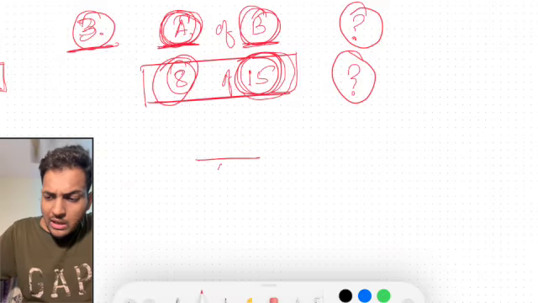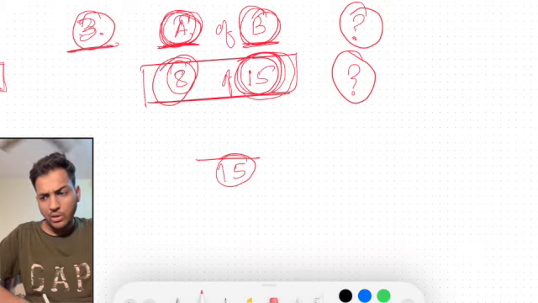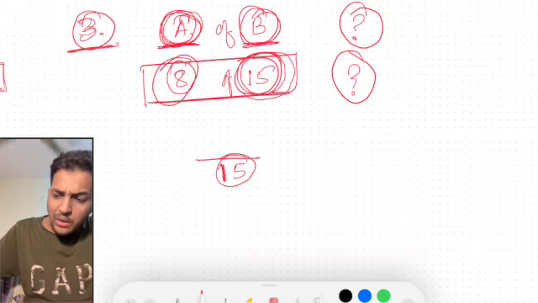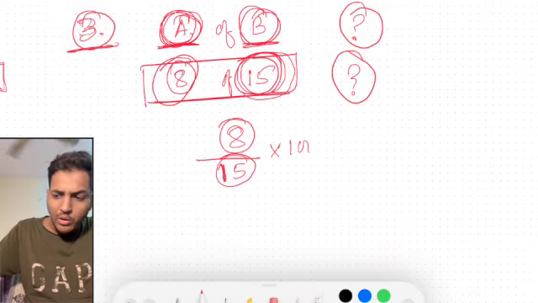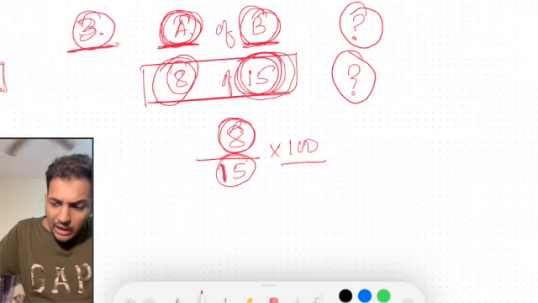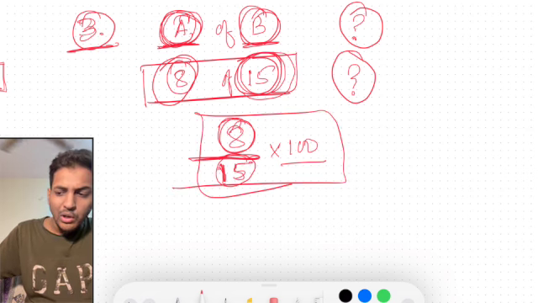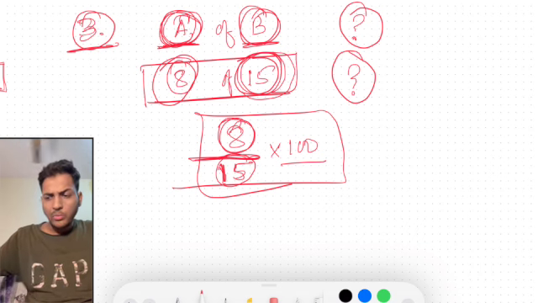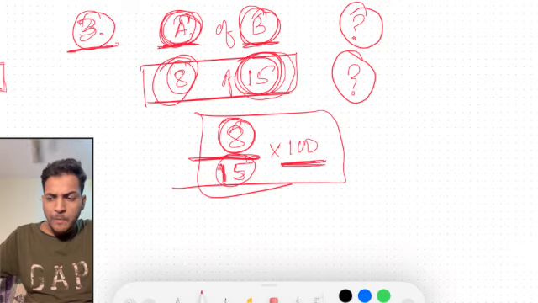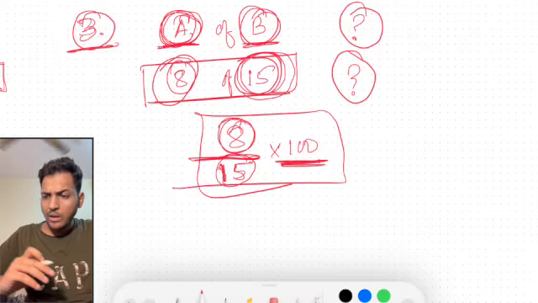The reference is always in the denominator, and the actual number, 8, is in the numerator, and then you multiply by 100. 8 out of 15 is how much percent? That is what you have to calculate. Is it okay?